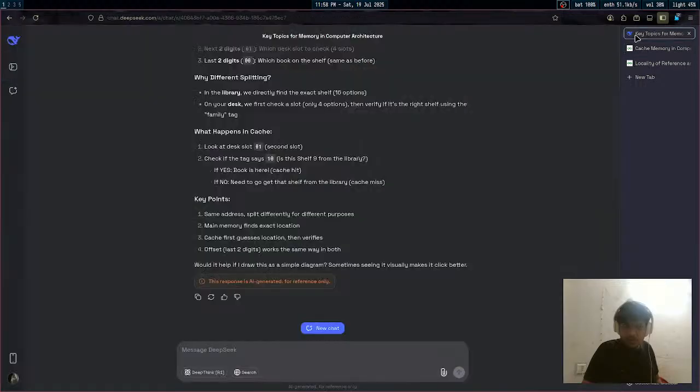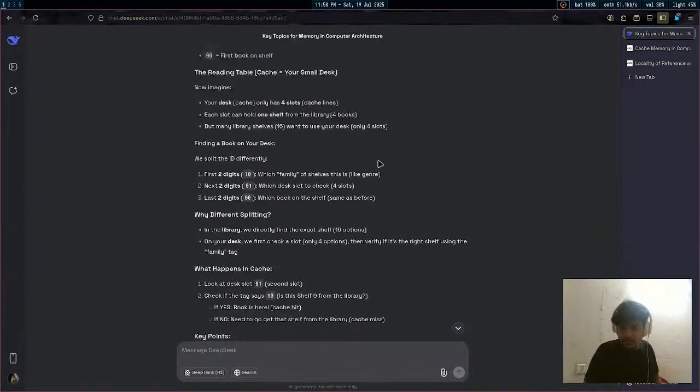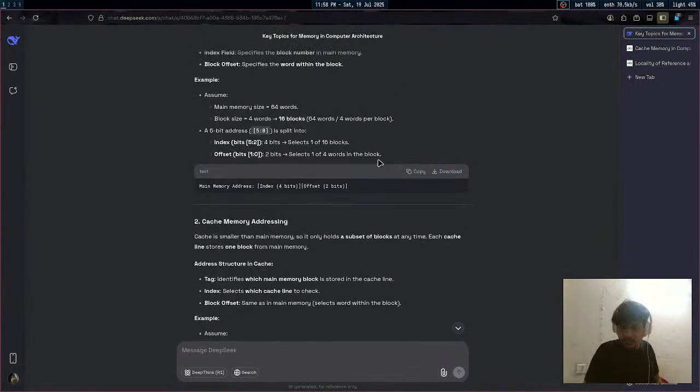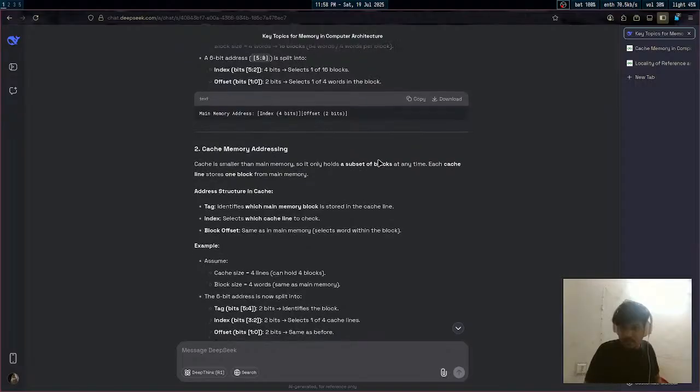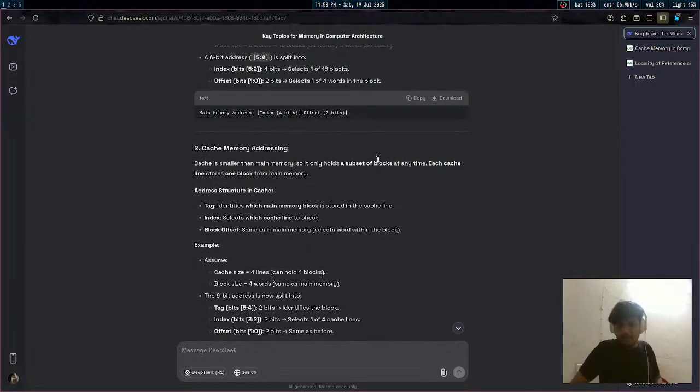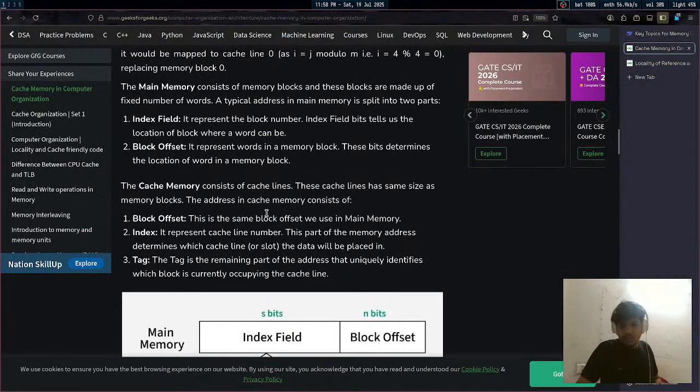So which one is the index? Identifies the block. So yes, the one which is going to identify it is the index.